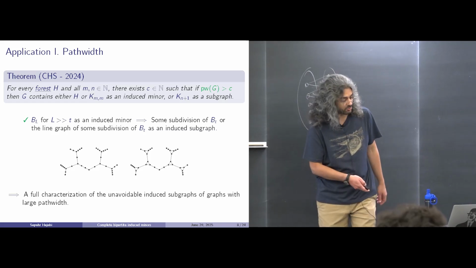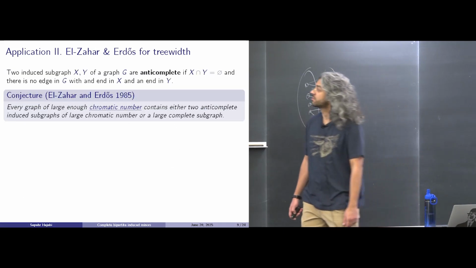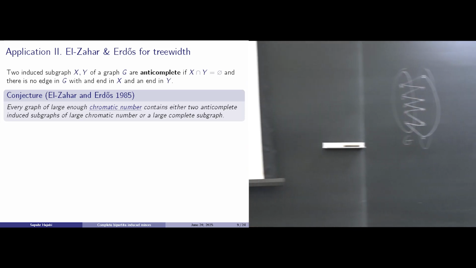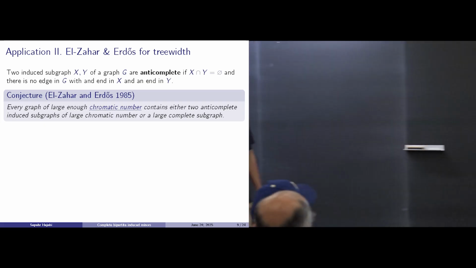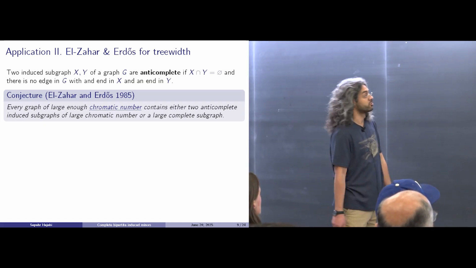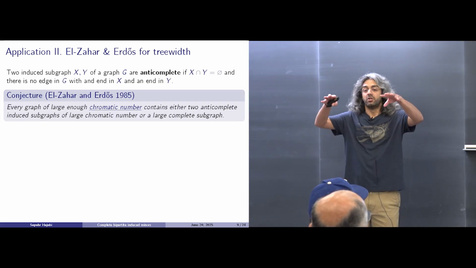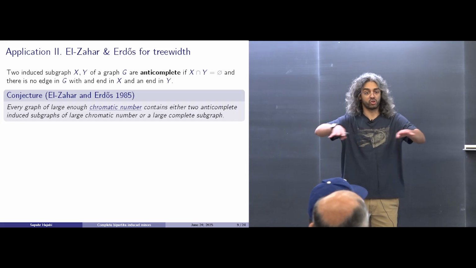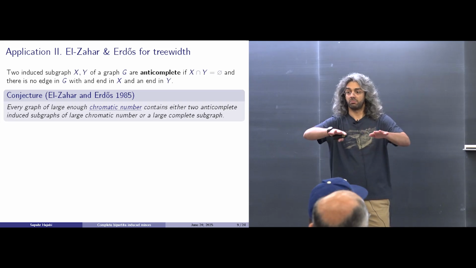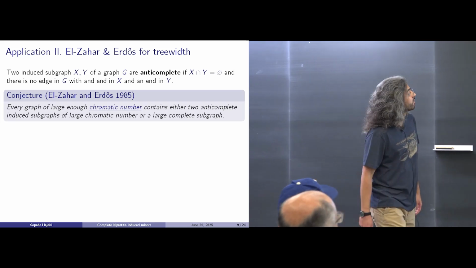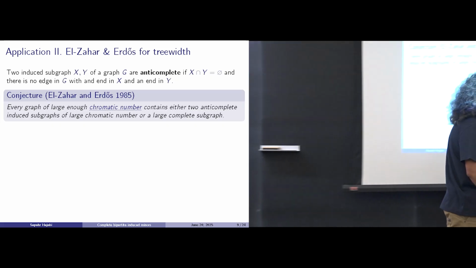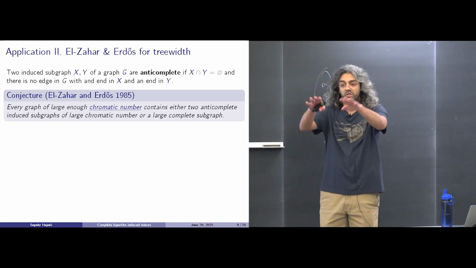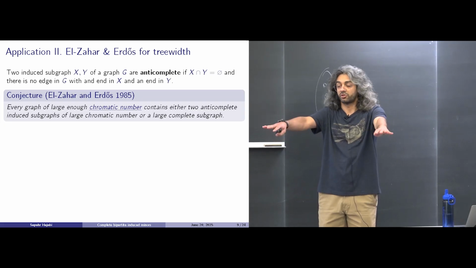The other application that I'm just going to mention in passing, because I'm really fond of it, has to do with this conjecture of El-Zahar and Erdős about chromatic number. So one piece of terminology. If you have a graph G, two induced subgraphs of your graph are said to be anti-complete if they're disjoint and there are no edges between them. And El-Zahar and Erdős conjectured that every graph of sufficiently large chromatic number contains two anti-complete induced subgraphs of large chromatic number.